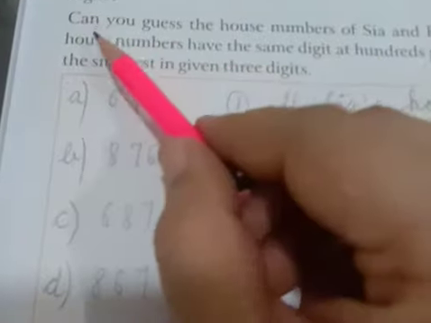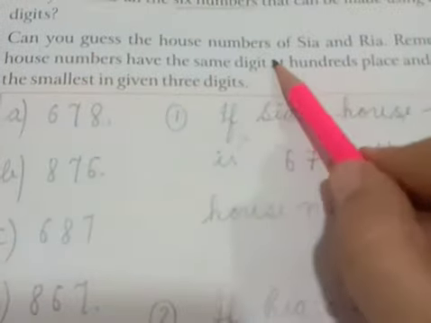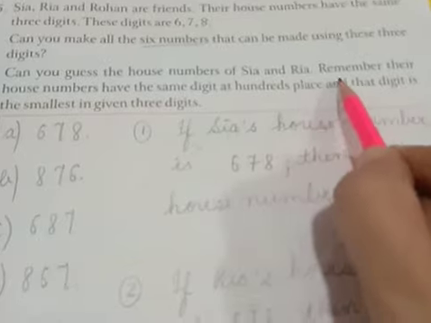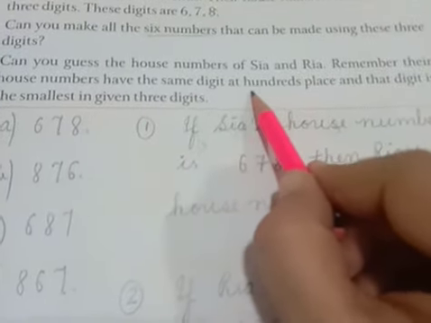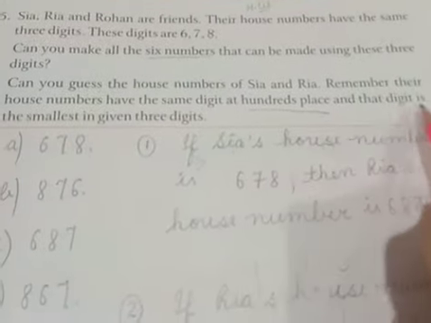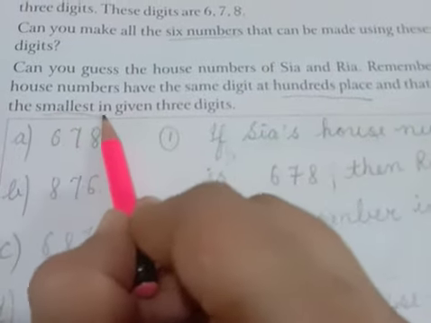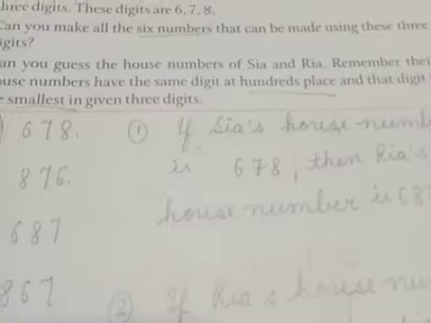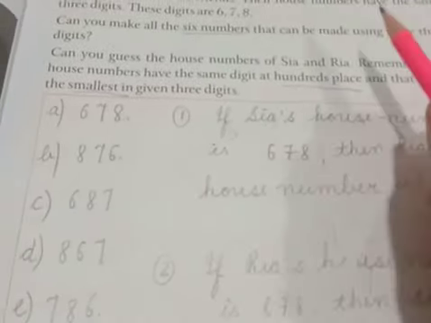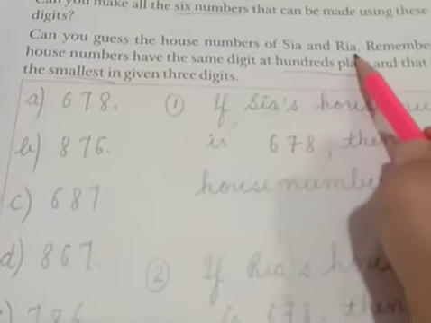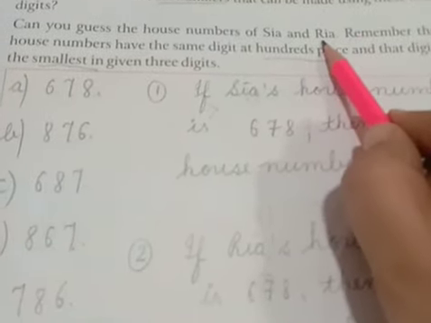Now what it is saying, can you guess the house numbers of Sia and Riya? Remember, their house numbers have the same digit at the hundreds place. And that digit is the smallest in the given 3 digits. वो कह रहे हैं, the question is saying कि that हमें house number guess करना है सिया और रिया का और हमें क्या ध्यान रखना है?